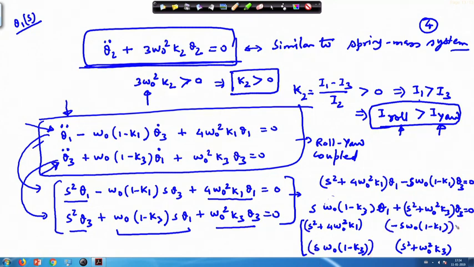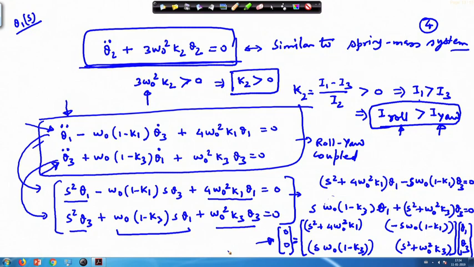These are the terms, operating on theta 1, theta 3, and this is equal to 0, 0. Okay. On the right hand side we do not have space, so I have written it here.